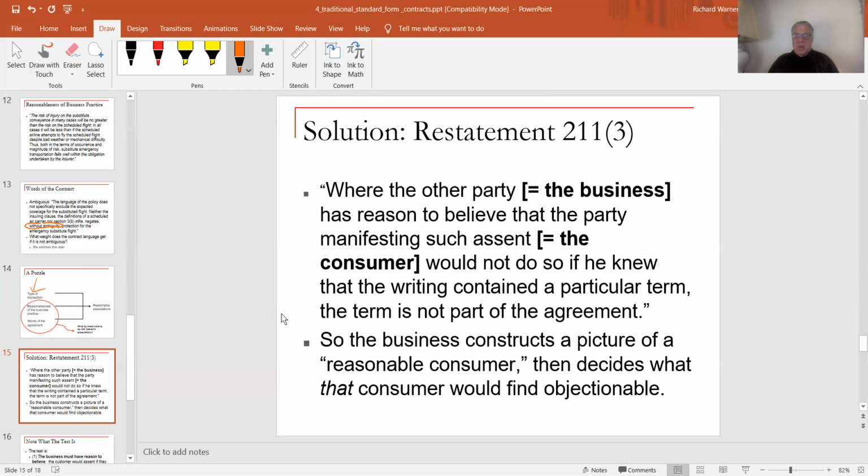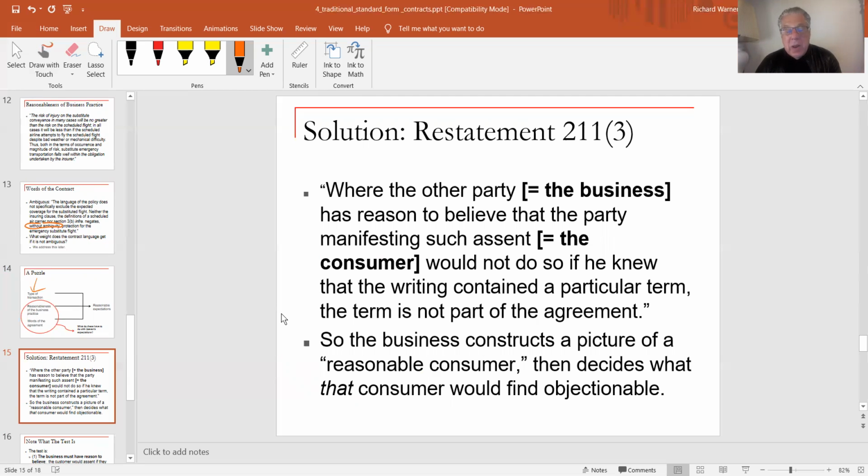And you're looking at this section of the Second Restatement of Contracts, which gives its view about what terms are enforceable in light of what consumers would expect. So here we go.